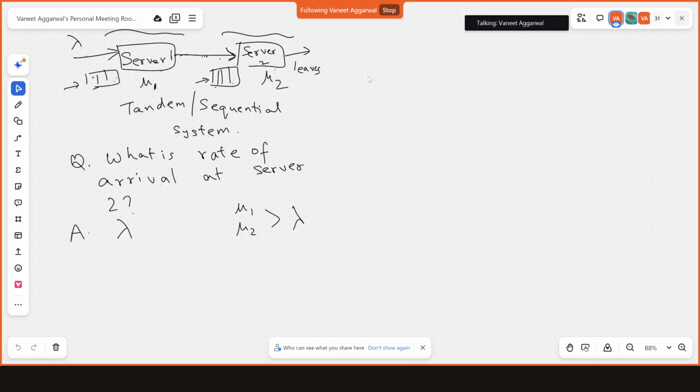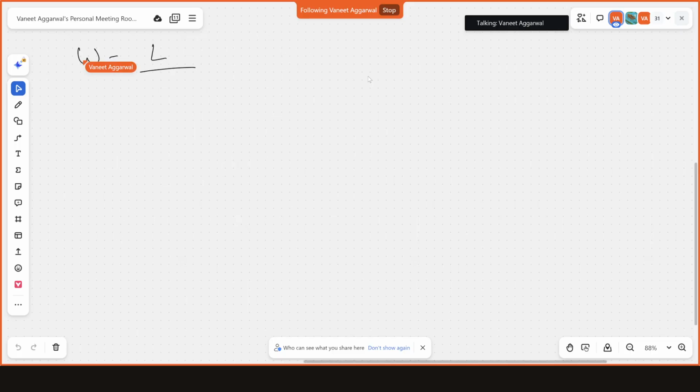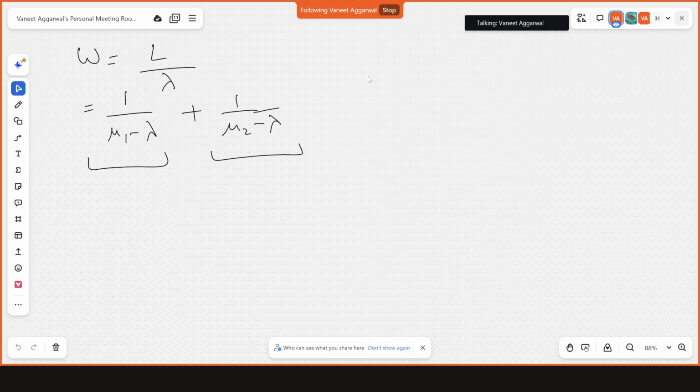We are only talking about the waiting time of a customer who enters here. So we are only talking about external arrivals. So the arrival rate we consider is only that of the new arrivals, which is lambda. This is given as 1 over mu 1 minus lambda plus 1 over mu 2 minus lambda. And that makes sense because it is the waiting time from the first system plus the waiting time from the second system. Any questions for these expressions?